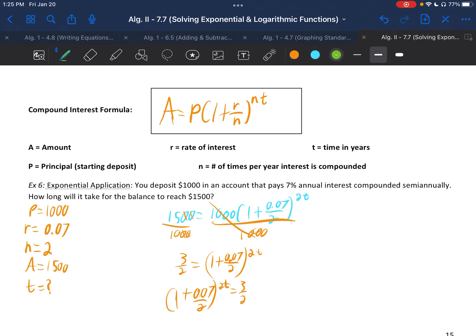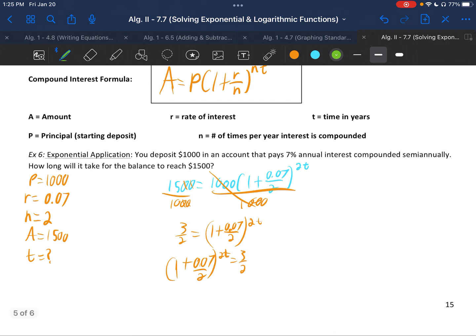So now as we do our spiral, we have log, and all of that is our base. So our base is 1 plus 0.07 divided by 2, of 3 over 2 is equal to 2t.